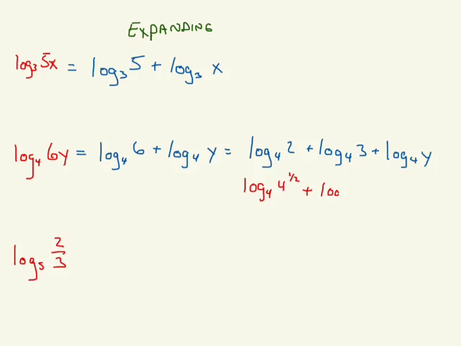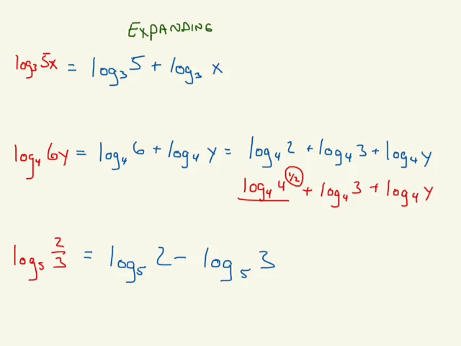But in our next video, we'll talk about some exponent properties, and we will find that this 1/2 we can work with, and this log base 4 of 4 is then something that's very useful to us. But for now, we're going to have to leave it at that. If we look at log base 5 of 2/3, we can change that into a log base 5 of 2 minus a log base 5 of 3.